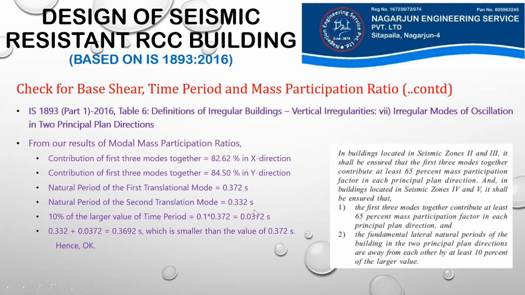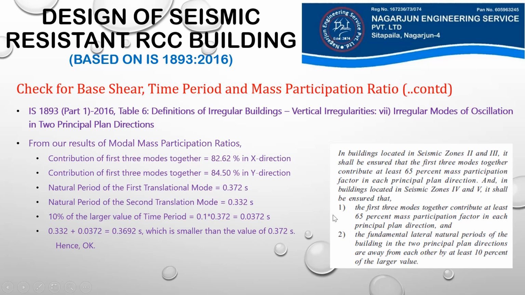And if we add this 10% value and we add this time period of the second translation mode, we get this to be 0.3692 second, which is smaller than 0.372 second. So the difference between the time periods of these two translational modes is greater than 10% of the value of larger time period.